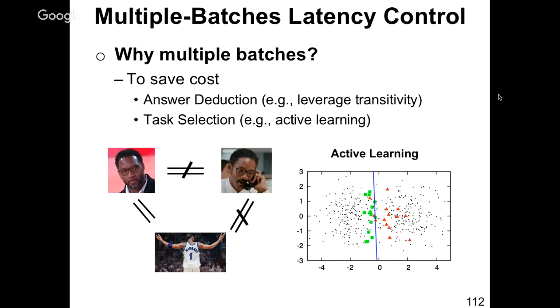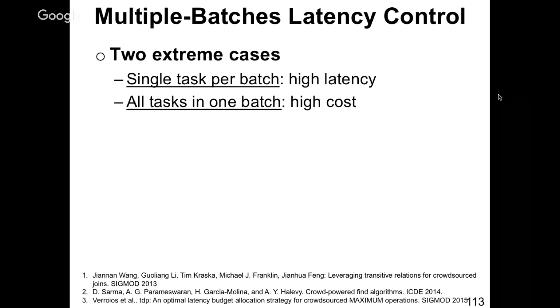Okay. So we know that the reason we need to publish multiple batches is that we want to save cost. Then there are 2 extreme cases. One is that every time we only publish a single task, and we are not going to publish more tasks until we get the answer of this task, which I call single task per batch. The other is that we publish all the tasks in one batch.